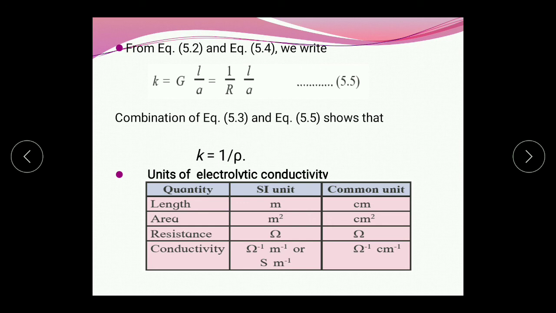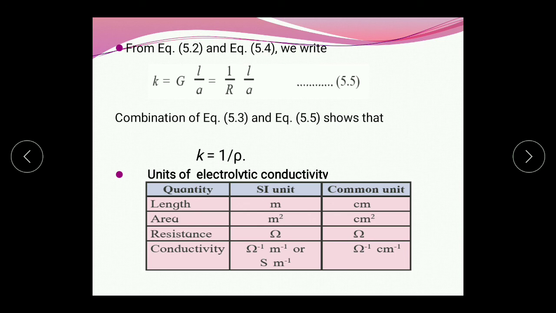And conductivity is opposite to that of resistance. So 1 upon rho we say, that is per ohm per meter, or per ohm is Siemens. So Siemens per meter or per ohm per centimeter we can say. So these are the units for electrolytic conductivity. This formula is very important. K equal to 1 upon rho.